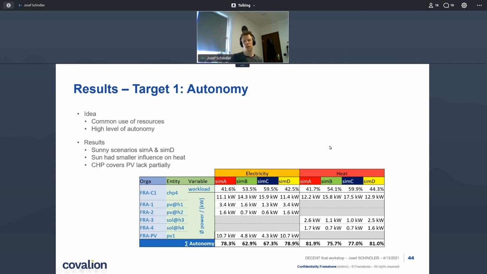The workload is higher for the cloudy scenarios. So the market controls the resources automatically. This is very cool.